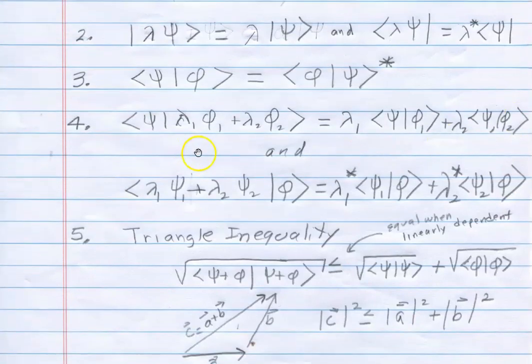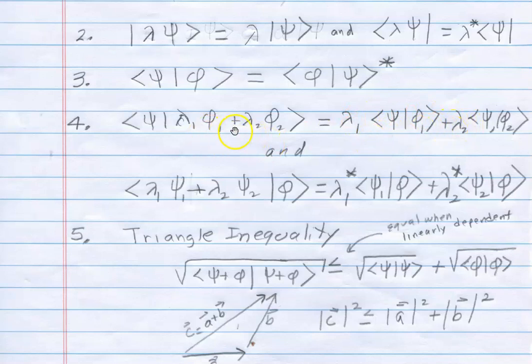The bracket is linear in a certain sense. It certainly is in this direction. If I add two quantum states, that's another quantum state. So I'll have a complex number times a state plus another complex number times a state. Then I can do the sum of those two and bring the lambdas outside.